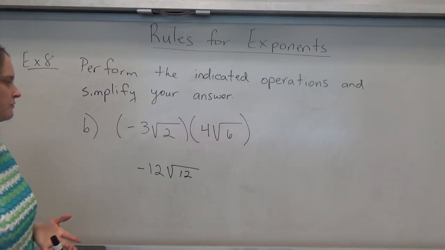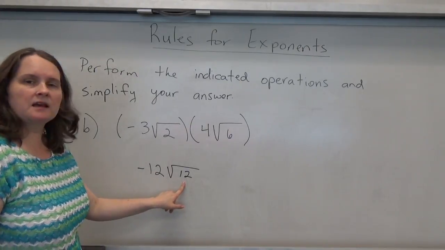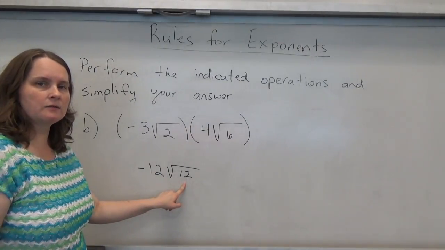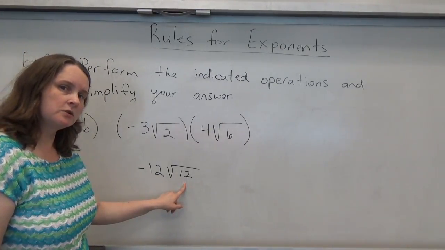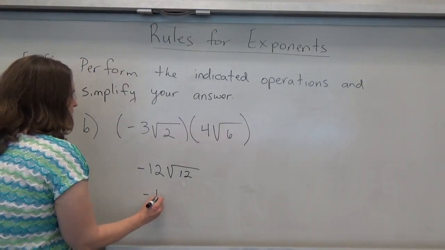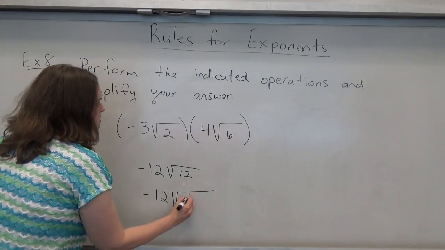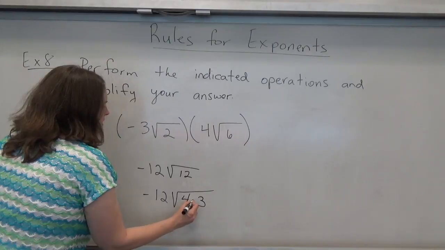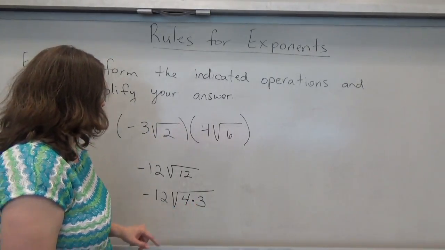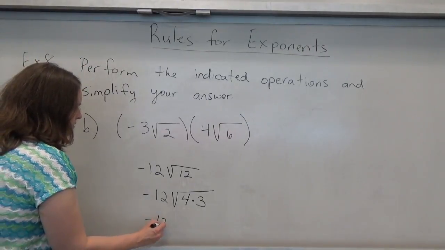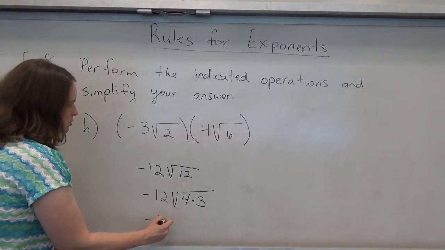Can we take this any further? We want to think about what we can do with our 12 on the inside of the radical. 12, as we saw in the previous example, can be written as 4 times 3. So we've got negative 12 times the square root of 4 times 3. This helps us, again, because 4 is a perfect square. So we can go ahead and say that this is negative 12 times the square root of 4, which is 2.